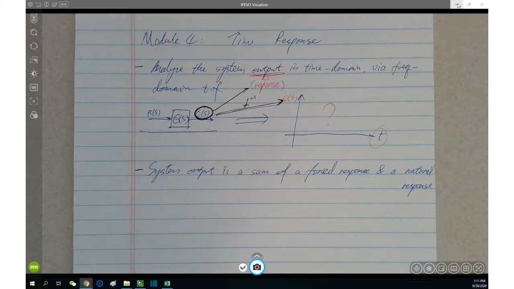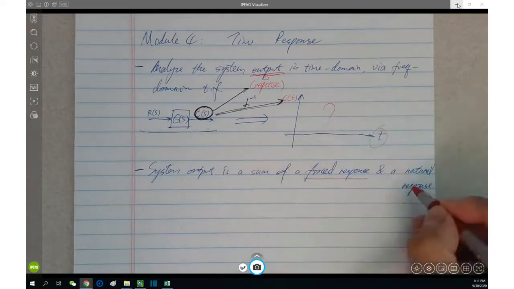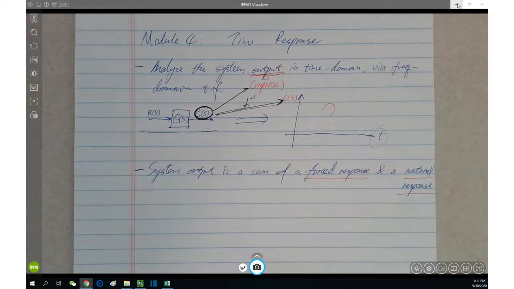If you have ever learned these two terms before in differential equations, it wouldn't be a surprise to me, okay? Because these two terms are also the solution for a differential equation. So a sum of forced response and natural response.